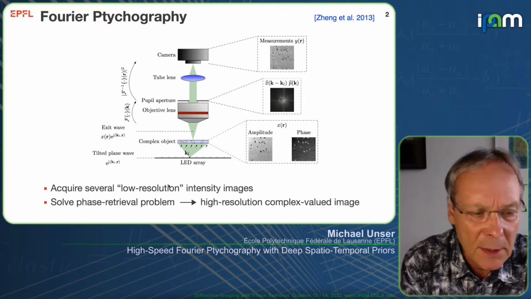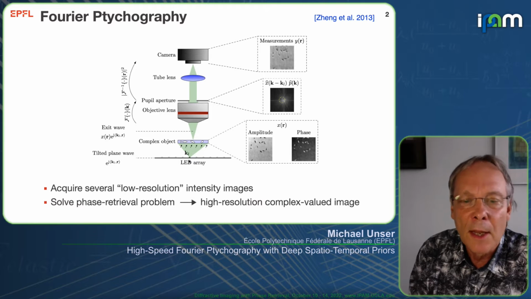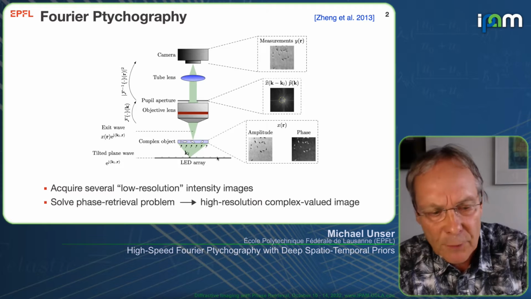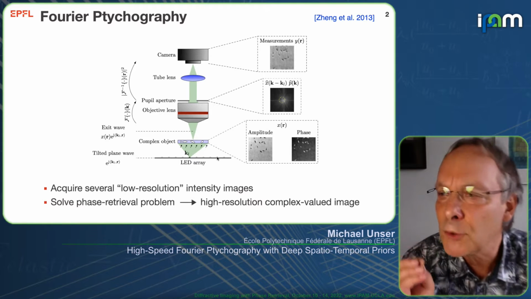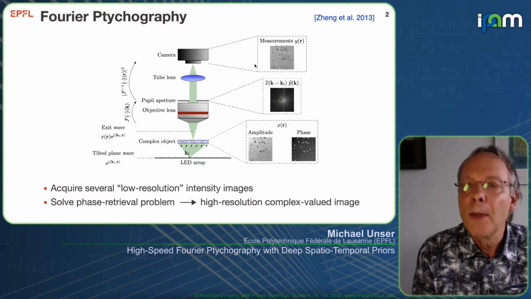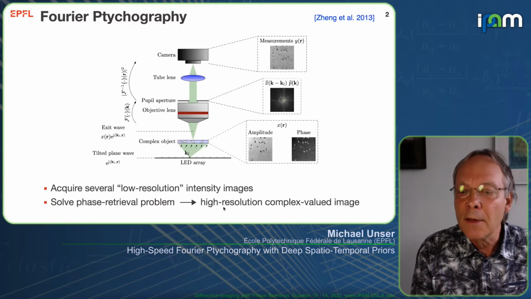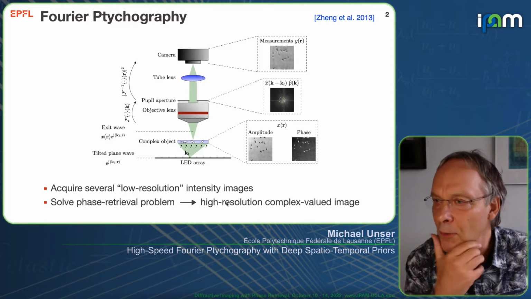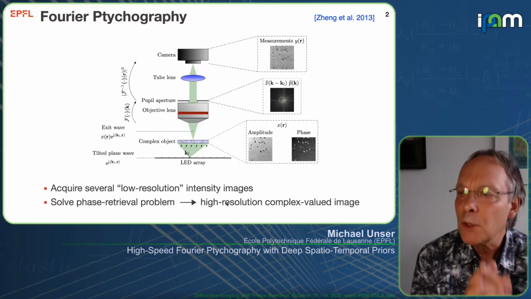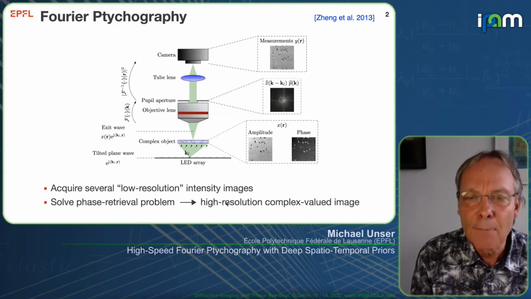What you will be collecting is several low resolution intensity images, each corresponding to the shining of a given LED. At the end, you have to solve a phase retrieval problem by considering all those intensity measurements and applying the mathematics of computational imaging to reconstruct a complex-valued image of phase and amplitude.